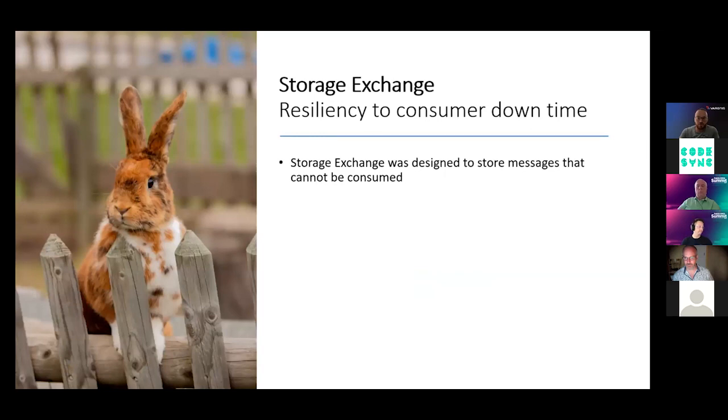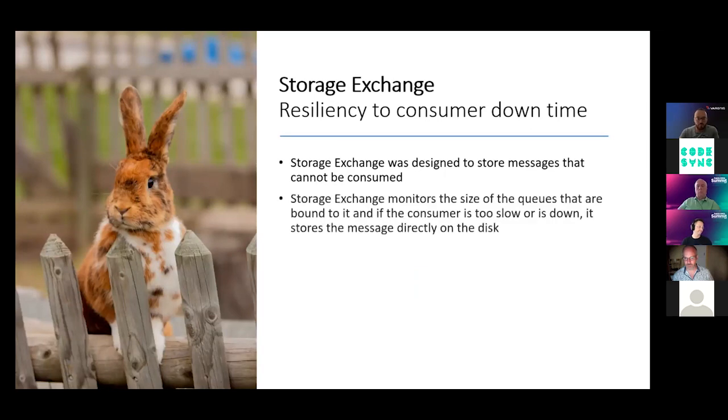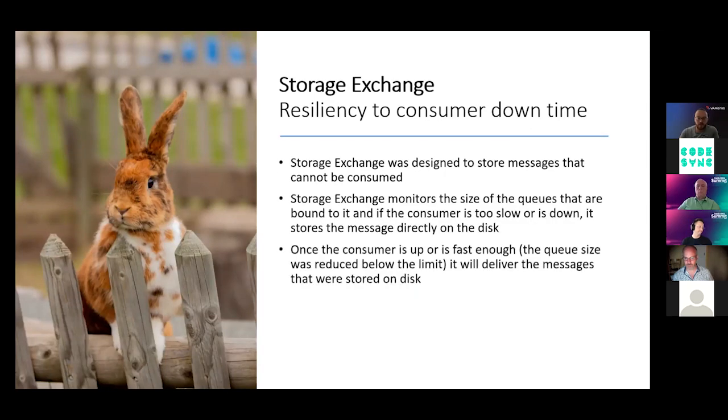Storage exchange was designed to store the messages that cannot be consumed. What it does is monitor the queues that are bound to the storage exchange. Once the queue reaches a certain limit, the storage exchange knows that it should not route the message further to this destination, and instead stores the message on disk.